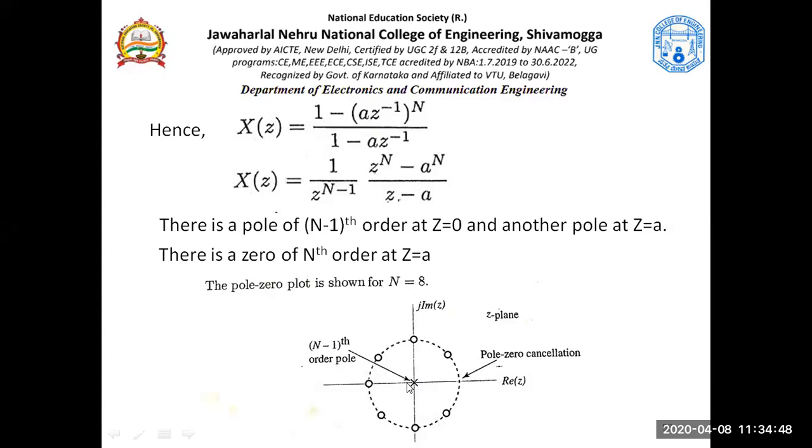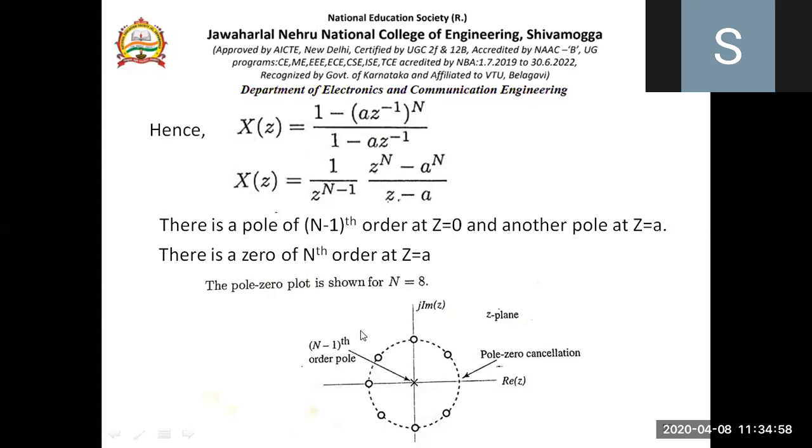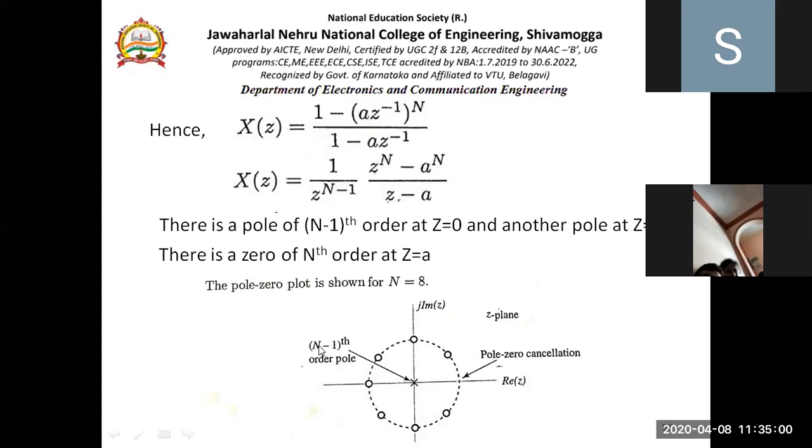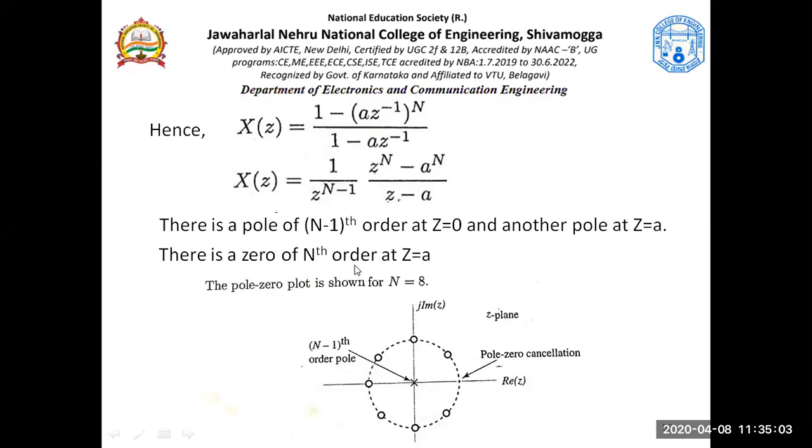Everybody understand that? There are 7 poles, or there is a pole of order 7, or to generalize it, it is an n minus 1 order pole. So this is how we need to mark the pole. So there are n minus 1 poles at z equal to 0.